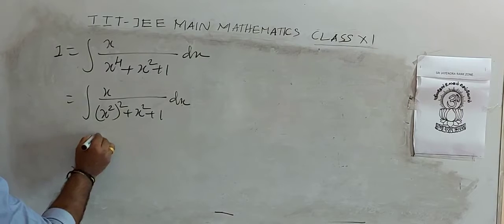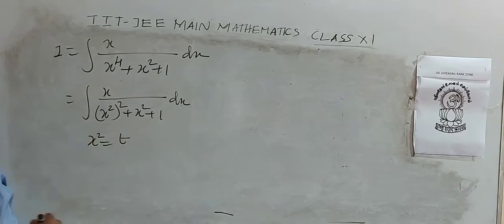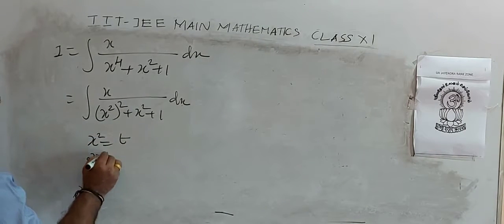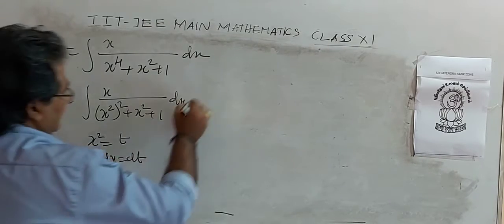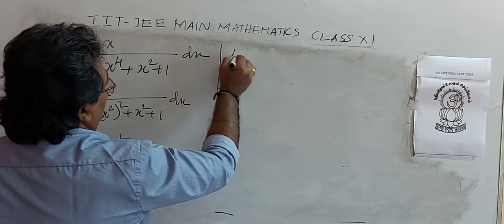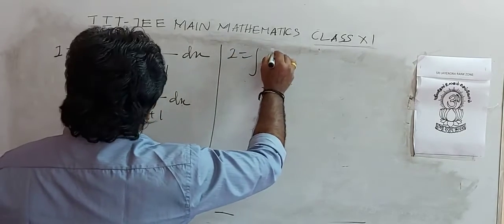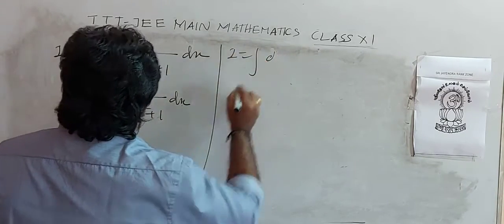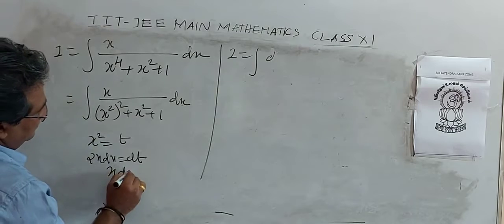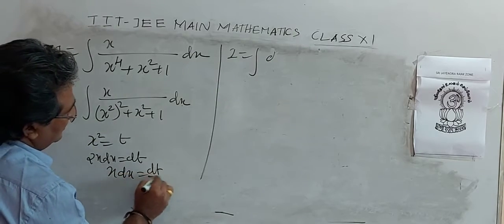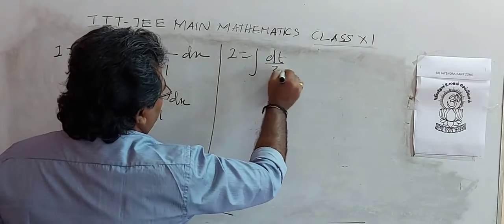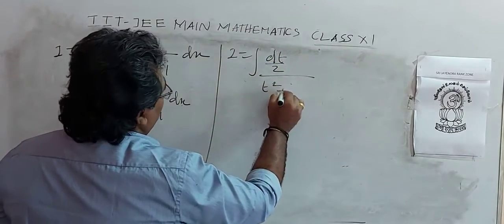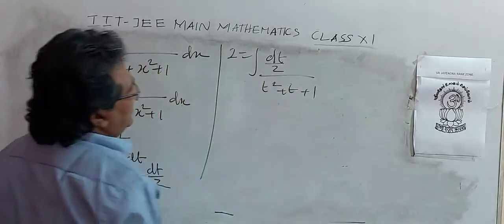You take x square as t, 2x dx equal to dt. So I equal to dt by 2 divided by t squared plus t plus 1.